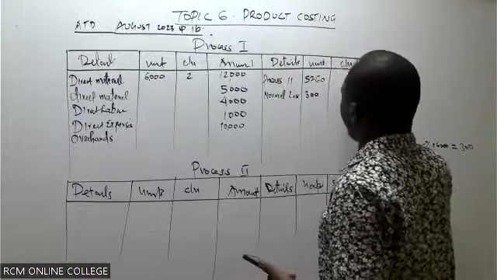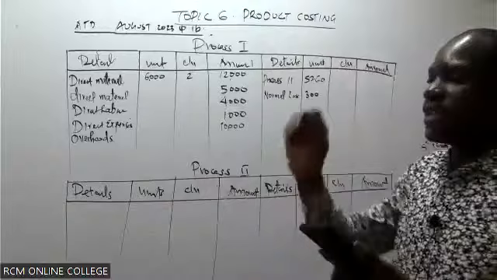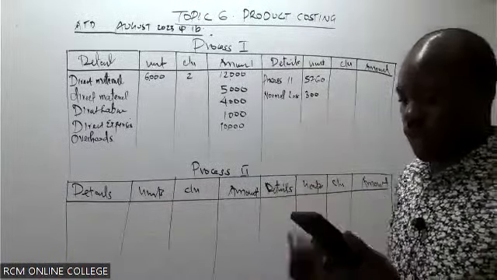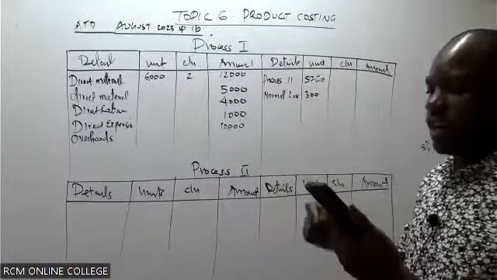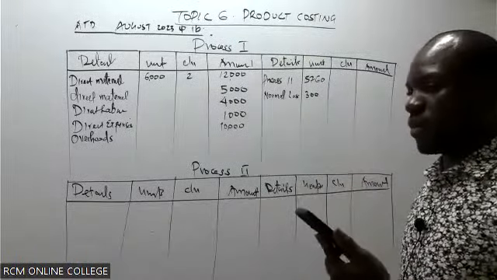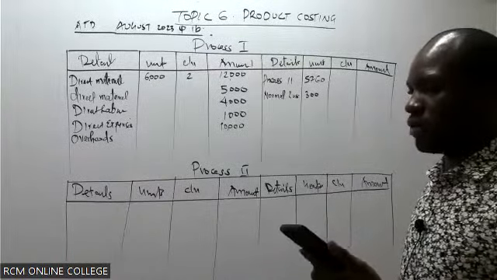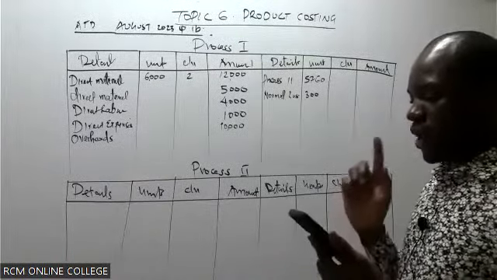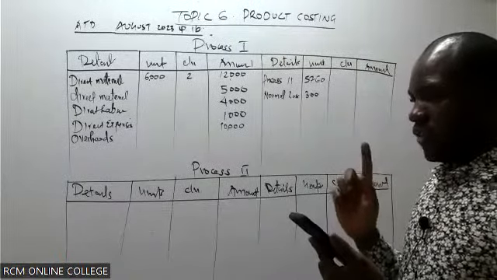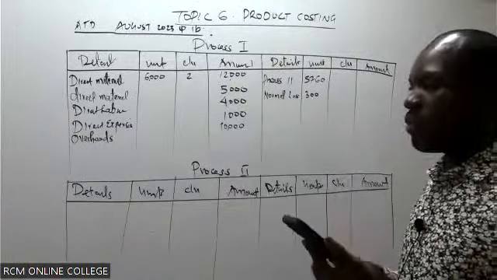But here, the cost per unit of the normal loss, we have been given there as the scrap value of the normal loss. What is the scrap value per unit of the normal loss in process 1? Are we able to see it there? Scrap value tunaona hapo ni ngapi? 1.5.